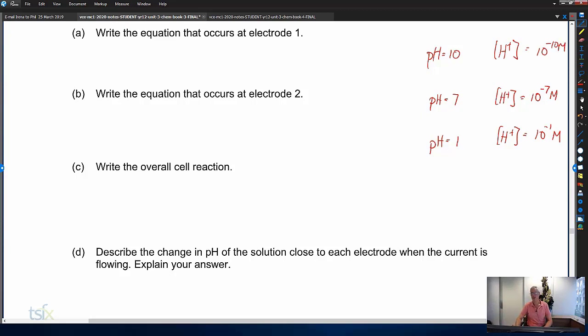So if we're interested in what the pH is doing, we have to know what the H+ is doing. So I can see from that relationship, if the H+ concentration is getting bigger going down that way, then the pH is getting smaller going down that way. So pH decreasing if the H+ concentration increases.